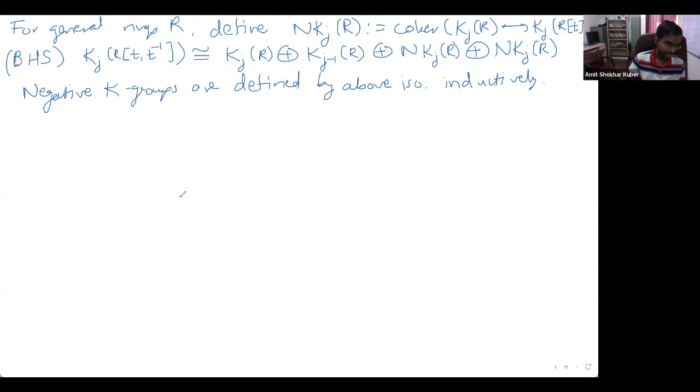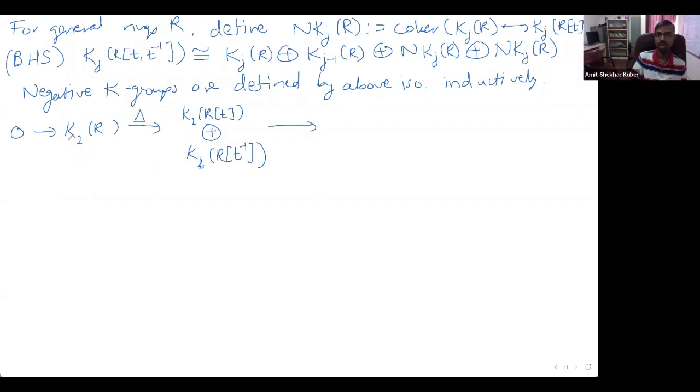And well, this is a nice short exact sequence. I mean, this is not exactly short, but still short enough. So let me say this. K1 of R, then K1 of R[T] direct sum K1 of R[T inverse]. Then this is the delta map.